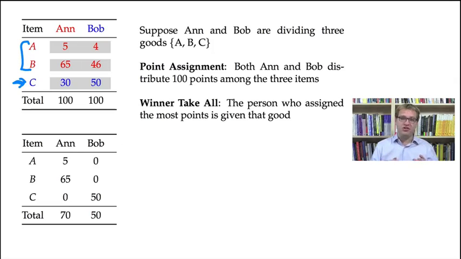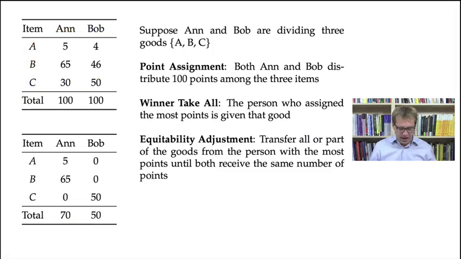Now this initial allocation is not equitable because Ann receives a total of 70 points of her valuation, while Bob only receives a total of 50 points according to his valuation. So what we need to do next is go through a series of rounds of equitability adjustments. The idea is that we want to transfer all or part of the goods from the person with the most points until both receive the same number of points.